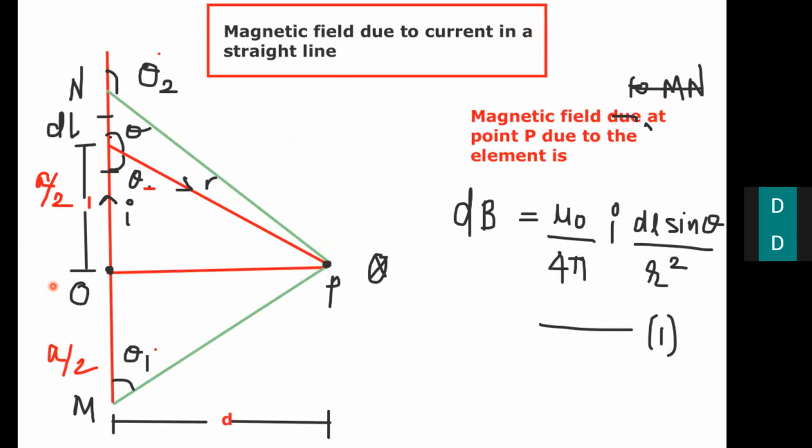Then we need to make changes with these angles, theta 1 and theta 2, because the projection that P will make with the ends of the wire will be very different if we consider a long straight wire.